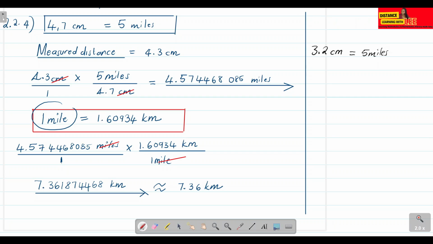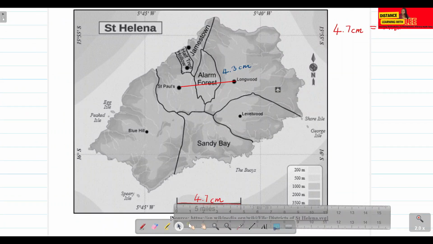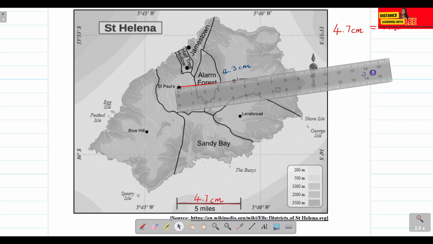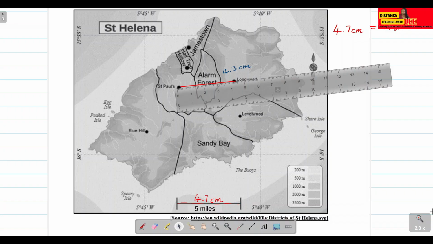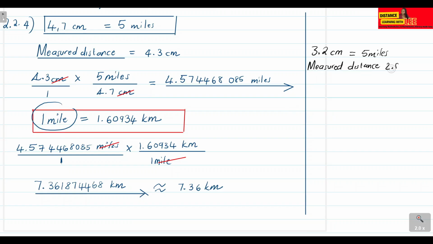Then if you have the hard copy, when you measure the distance from St. Paul's to Longwood, you were supposed to get approximately 2.8 centimeters. From here, you still do the same thing.